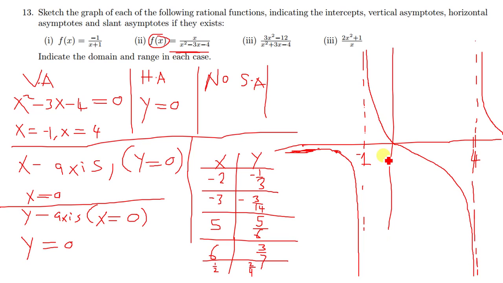And then apart from that, we find the domain and the range. The domain is just all real numbers. So D is just equal to all real numbers excluding the vertical asymptotes, meaning excluding -1 and 4.